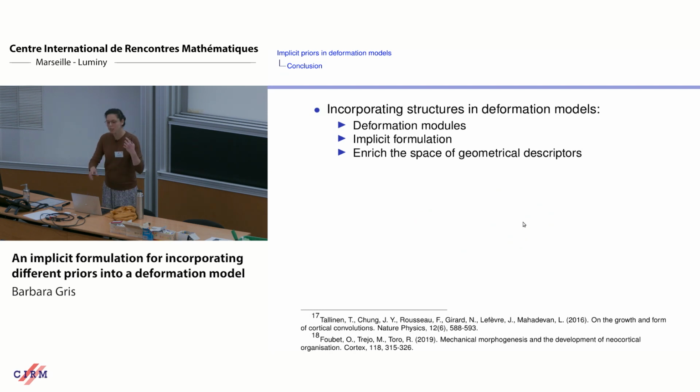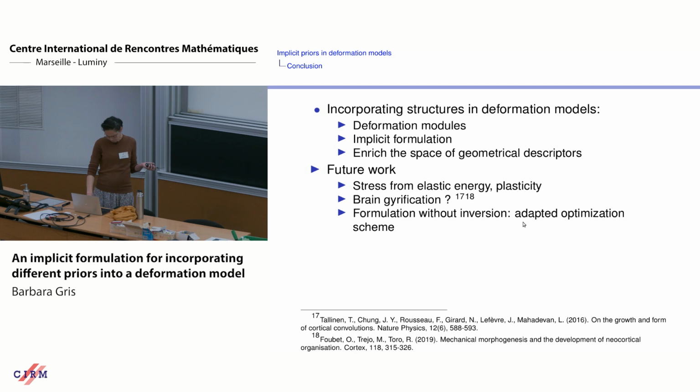So to conclude, what I showed is how we can incorporate structures in deformation models using deformation modules, with an implicit formulation that can lead to a rich ensemble of structures you can incorporate. And one key here is always to enrich the space of geometrical descriptors, because the Ti will be formulated as a function of a geometrical descriptor here.